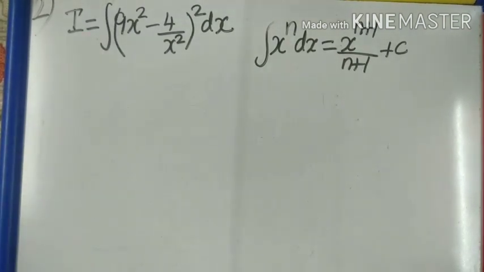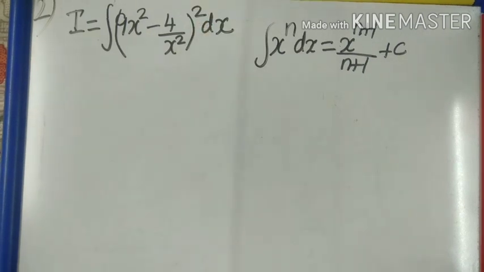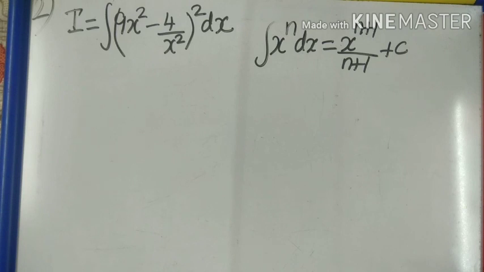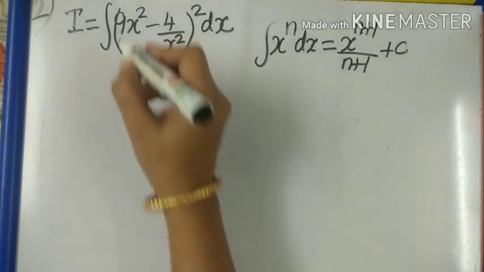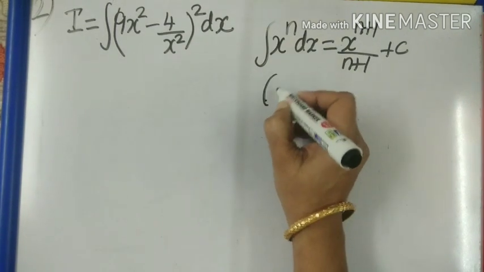In integration, there is no product rule, quotient rule, all that. So, whenever you have a whole square, expand it. Integration is done only in the last step. Let us remember, we have to simplify the problem maximum using algebra, and then only I can integrate. So remember what formula I am going to use.